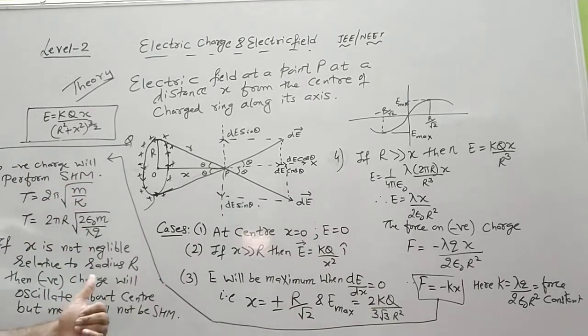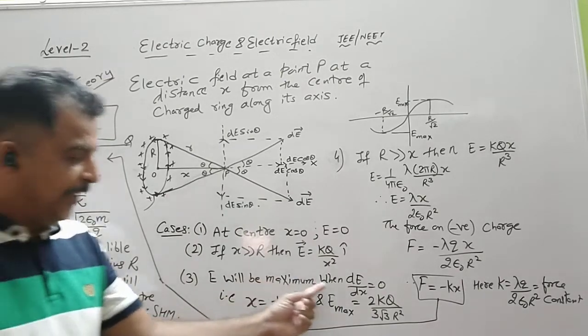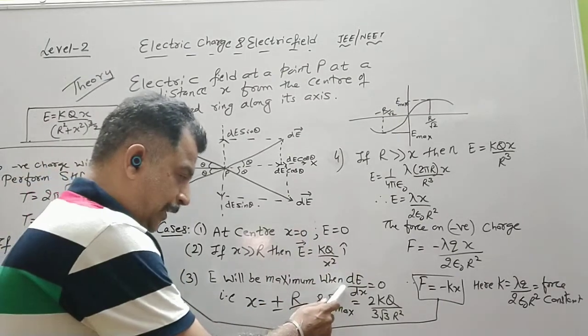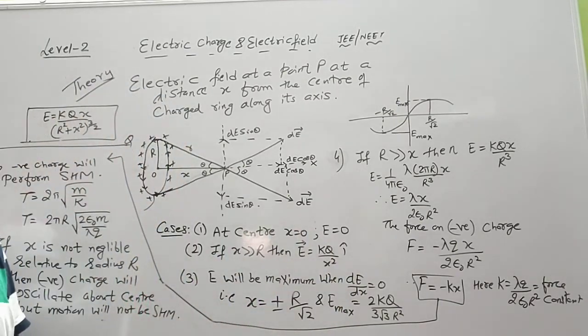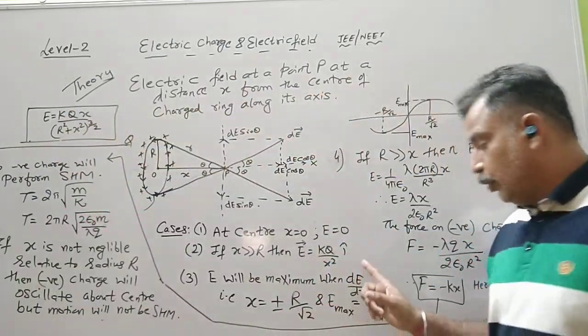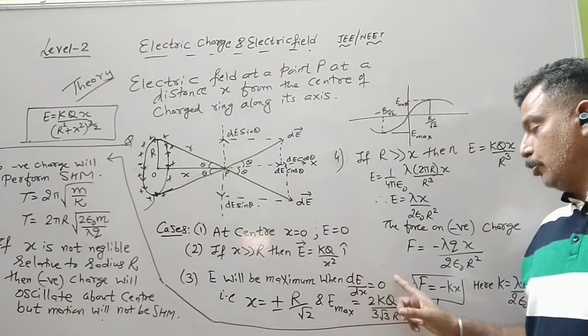Then E will be maximum when dE by dx is equal to 0. Now mathematics students know that if any variable or any physical quantity is maximum, its first derivative with respect to another variable should be 0.